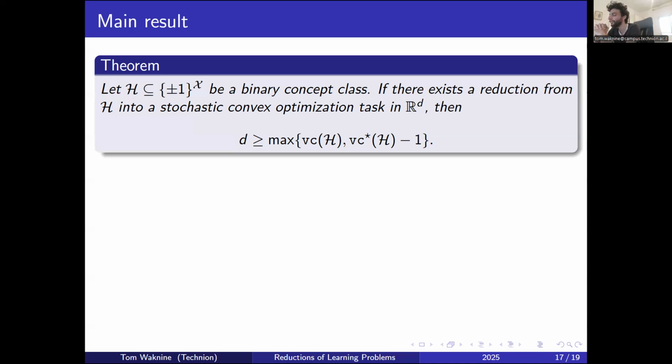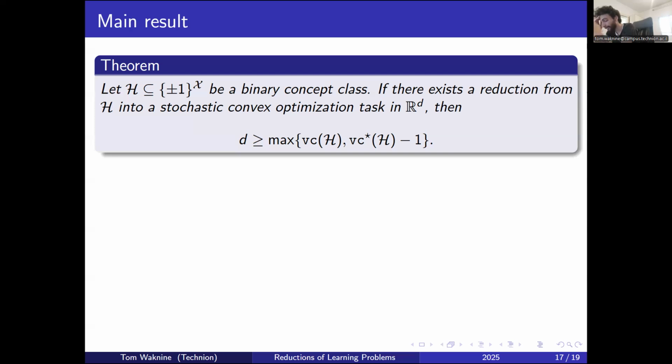Obviously you want to reduce to as low a dimension as possible, because for all your stochastic convex optimization algorithms, the higher the dimension, the more complicated the space is, the space complexity grows higher, and the stuff gets more complicated when you go to higher dimension.